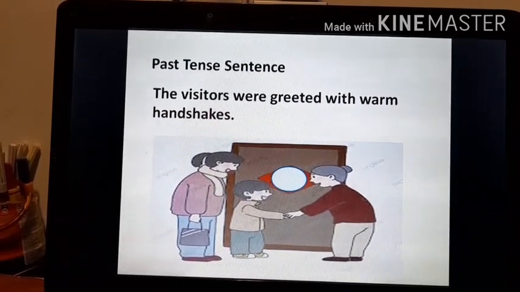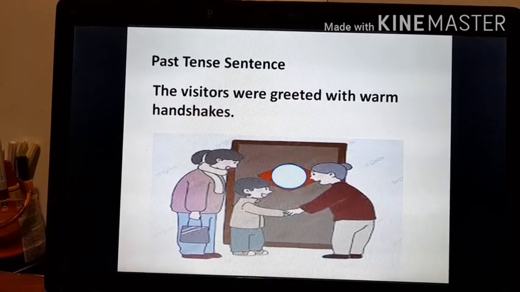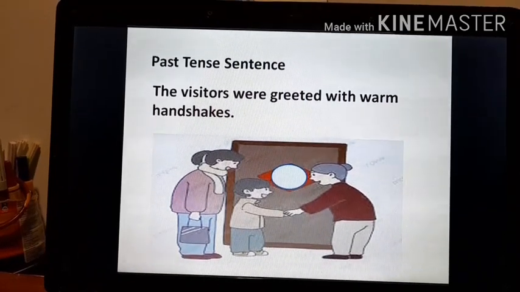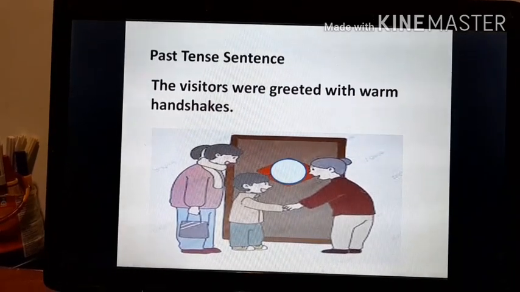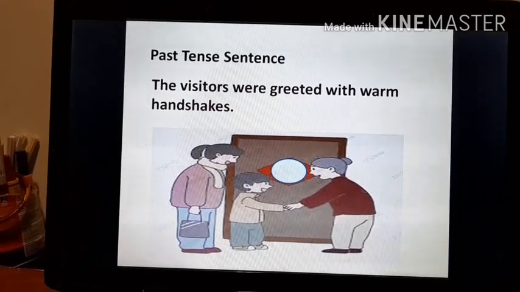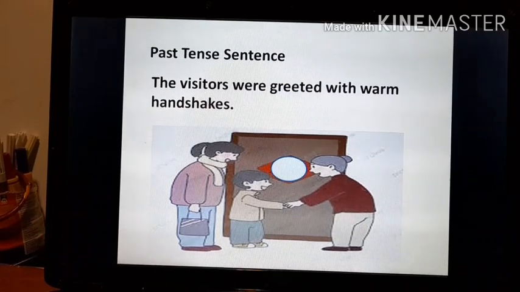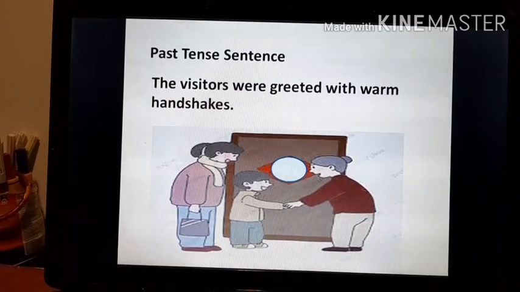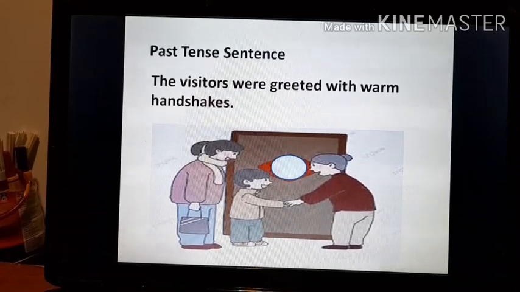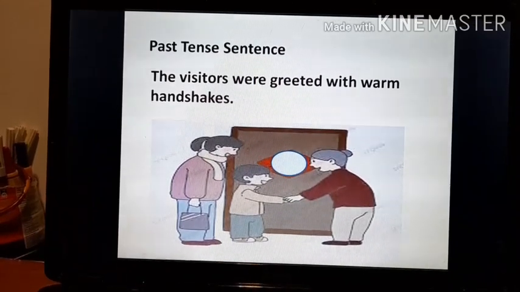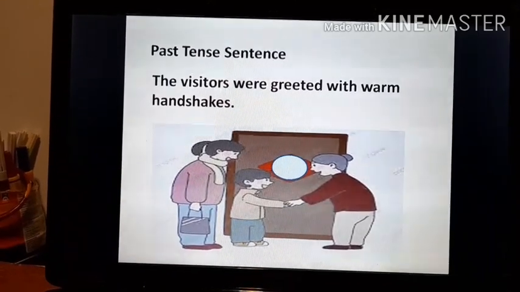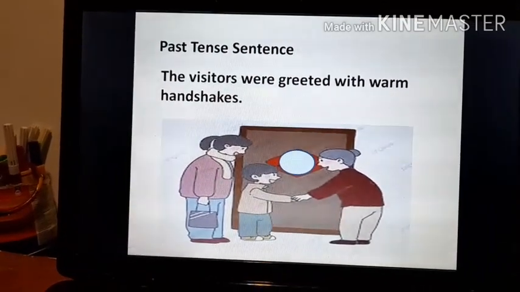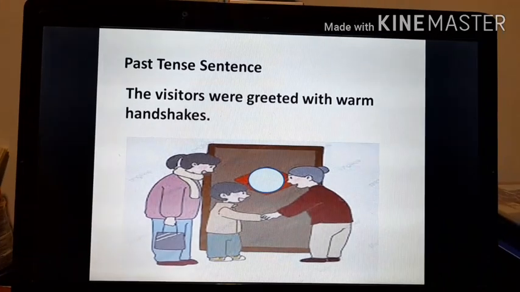I am using greeted, not greet, so this is a past tense sentence. Also, I am using were here. The visitors were greeted with the warm handshakes.